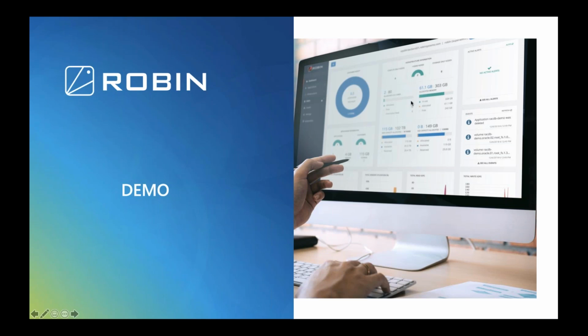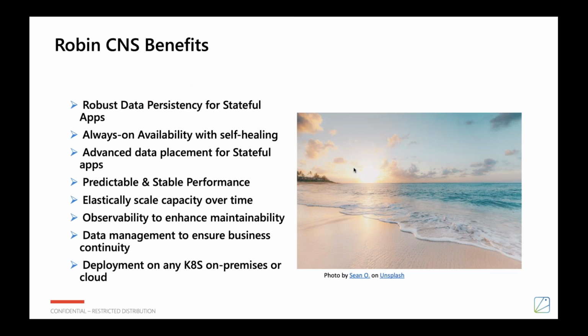Okay, thanks, Madhura, for the wonderful demo. I will just have a concluding slide on the features that are required. Robin provides all those guarantees regarding persistency, availability, recovery, performance, and so on. And it can be deployed across any Kubernetes cluster, on any OpenShift, whether it's running on AWS, GCP, or on-premises, or any other Kubernetes flavor.